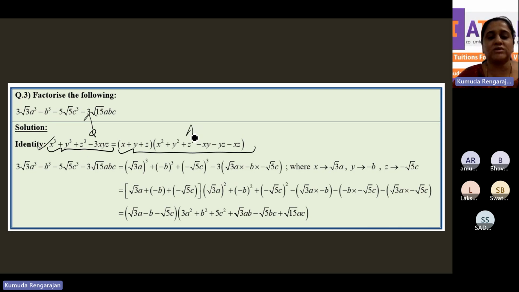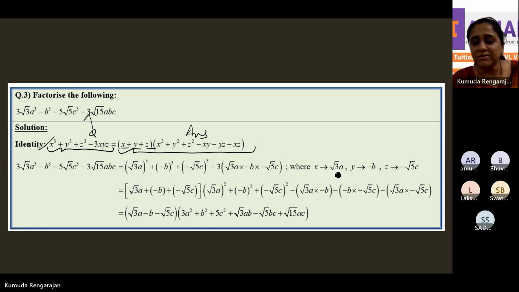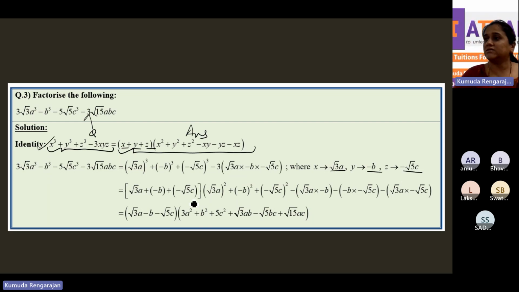You should write the answer using this. So what's the answer? x plus y plus z. Then in the next bracket, x squared plus y squared. The sign is from the identity. Don't search for the sign anywhere or put your own sign.